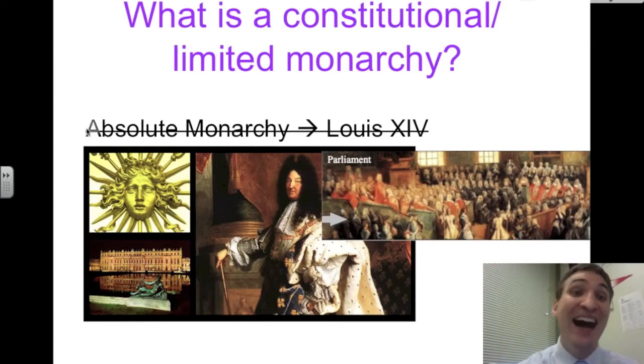Well, it is not an absolute monarchy, much like we saw in France with Louis XIV, the Sun King, who has his Palace of Versailles. Instead, a limited monarchy, a constitutional monarchy, is one in which power is shared between the king and queen and Parliament. Shared power.